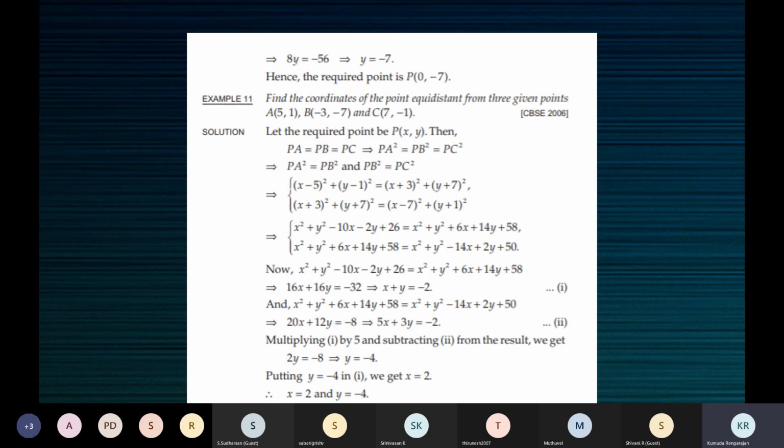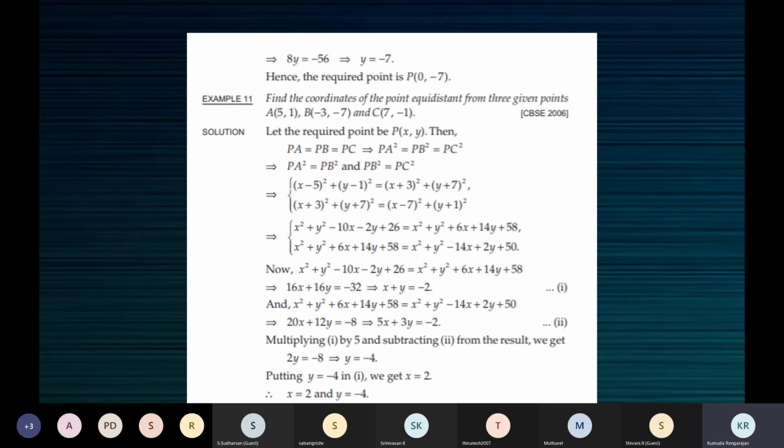It lies somewhere. So let the coordinates be given by x comma y, not x comma 0 or 0 comma y, because it's not given that it lies on the x-axis or y-axis. General point x comma y. So let that point P be given by the coordinates x comma y.